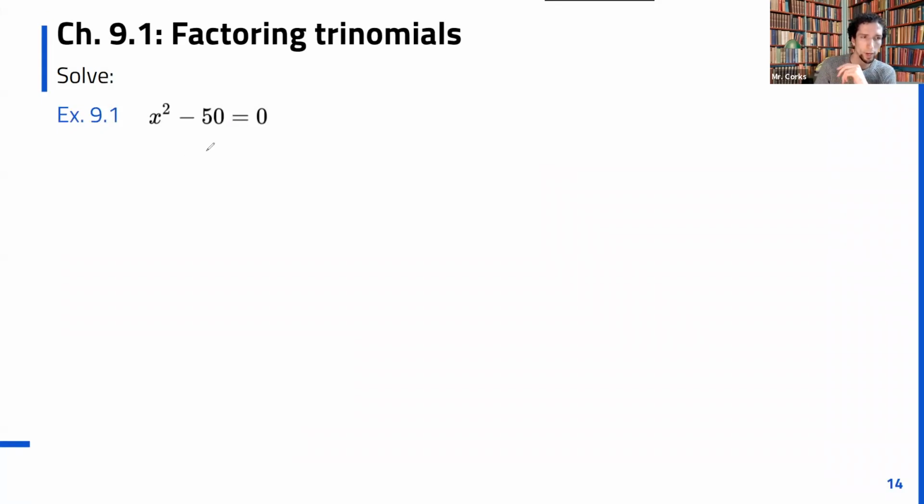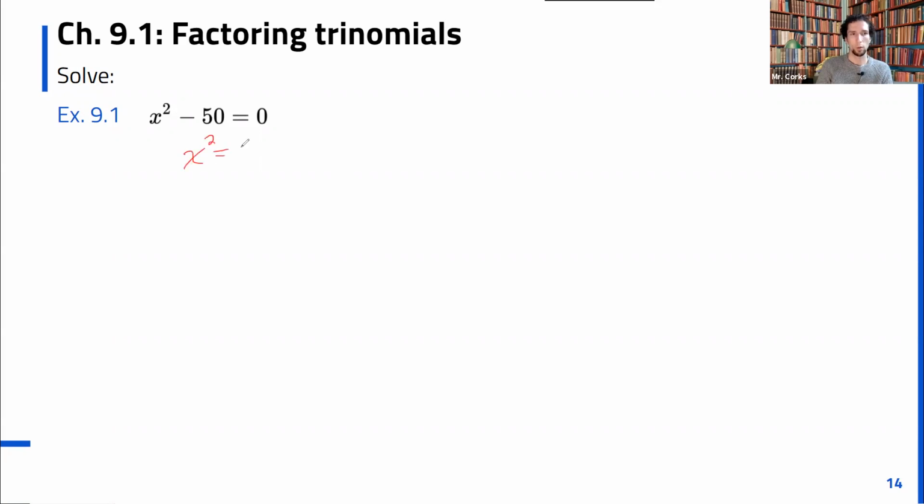But let's try this. If we want to solve this one, what can we do? Just starting easy here. Move 50 to the right.